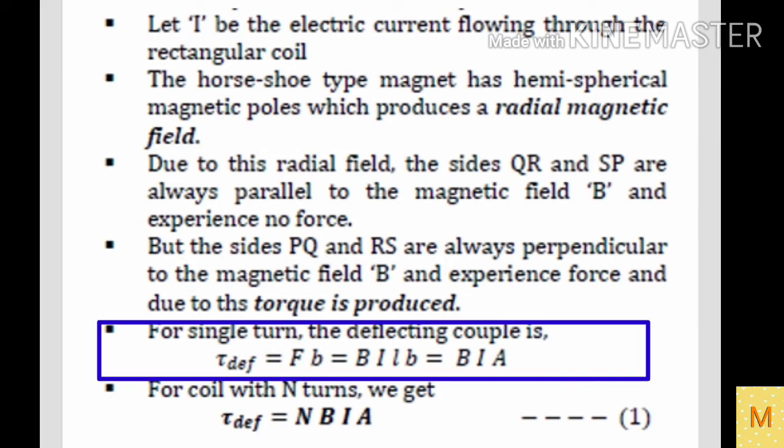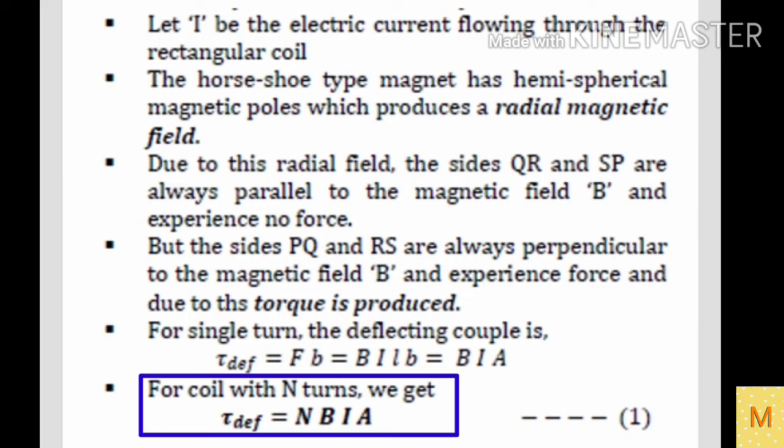For a single turn, the torque experienced by the deflecting couple can be written as tau deflection is equal to F into b, which is equal to BIl into b. Here l into b indicates the area of the rectangular loop, so it is replaced by the letter capital A. Hence this equation becomes BIA.